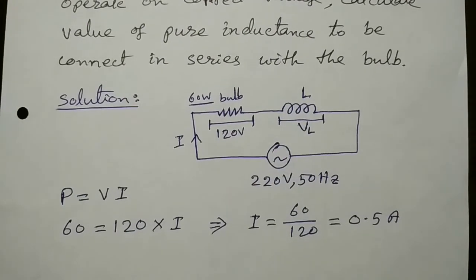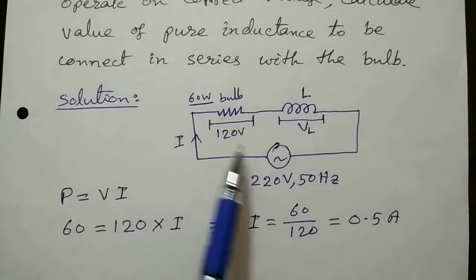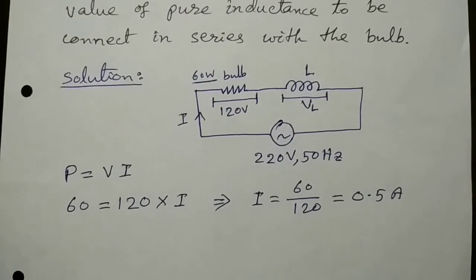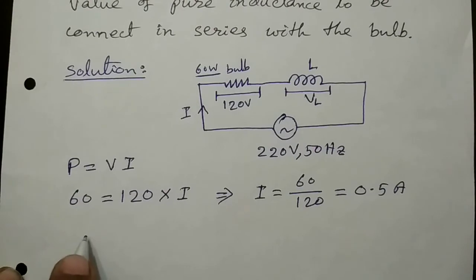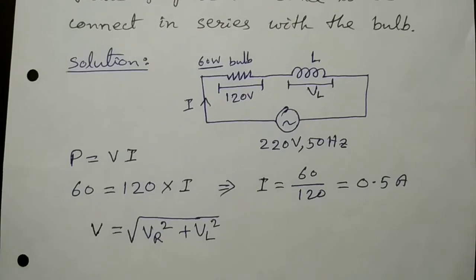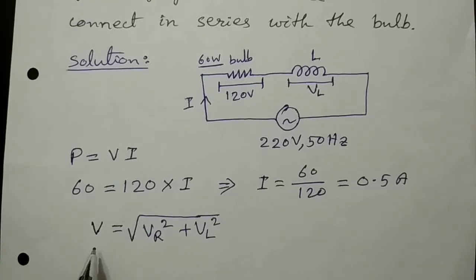Now, if we consider this RL series circuit, as we have already seen, the supply voltage can be written as square root of VR square plus VL square, where V is the supply voltage, VR is the voltage drop across the resistance, and VL is the voltage drop across the inductance.